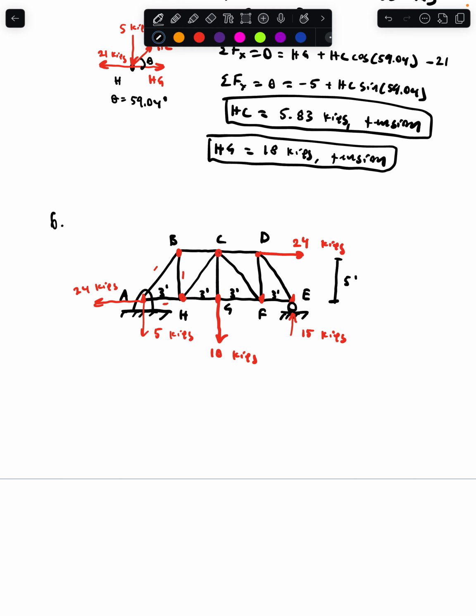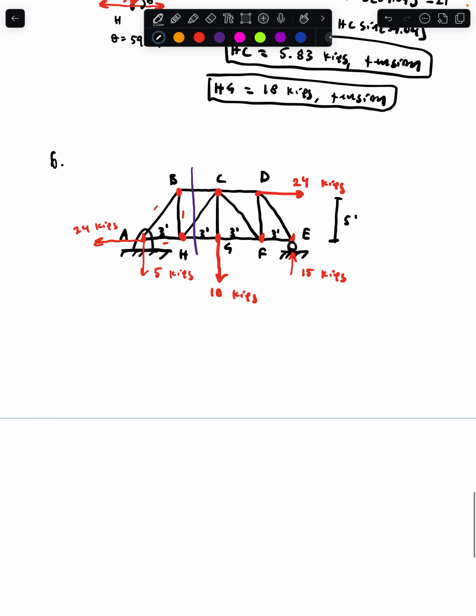And then what you do is you cut the truss, and you want to cut the sections you're looking for. The only restriction on that is you can only cut up to 3 sections at a time. So we're looking for BC, HC, and HG. So we can make a cut right there. And then we're going to draw a free body diagram of that.